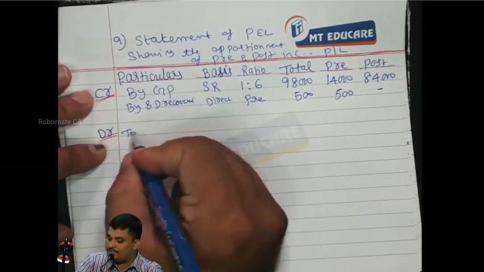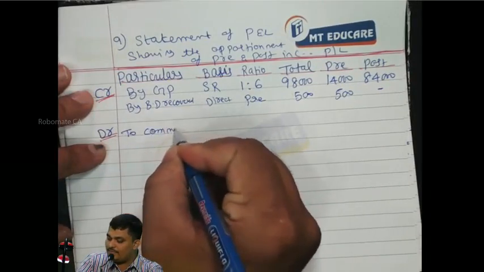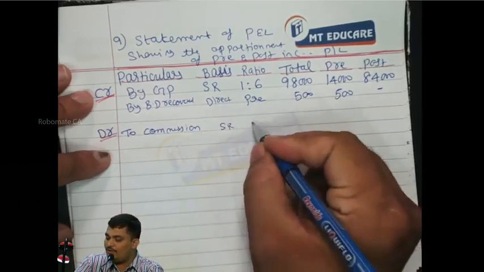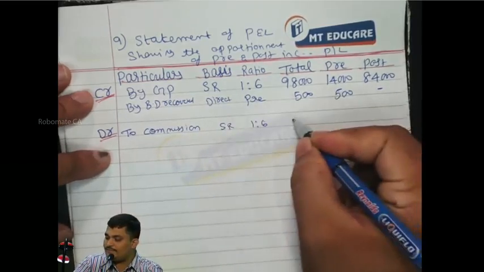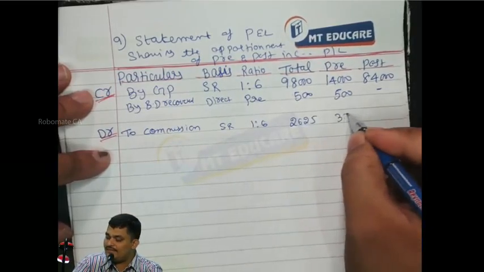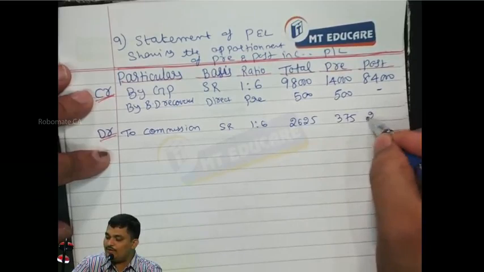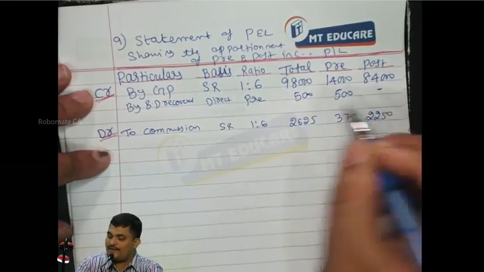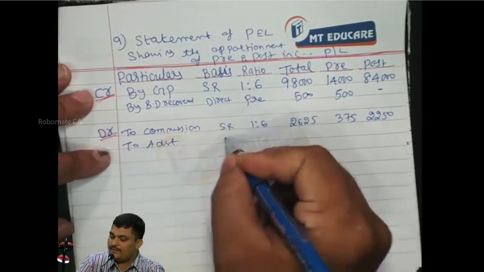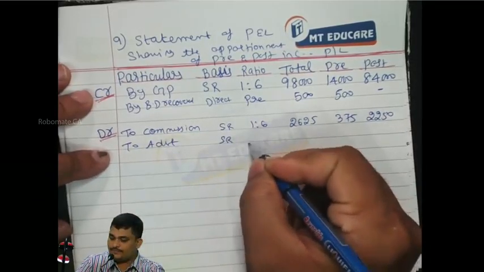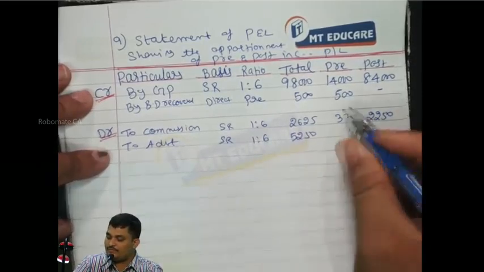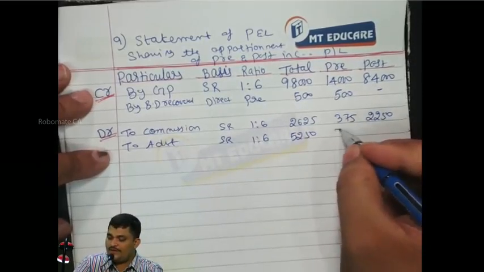Debit items, what all? Commission, sales ratio 1 is to 6, 2625, 375. Next, advertisement, sales ratio, 5250, 750.